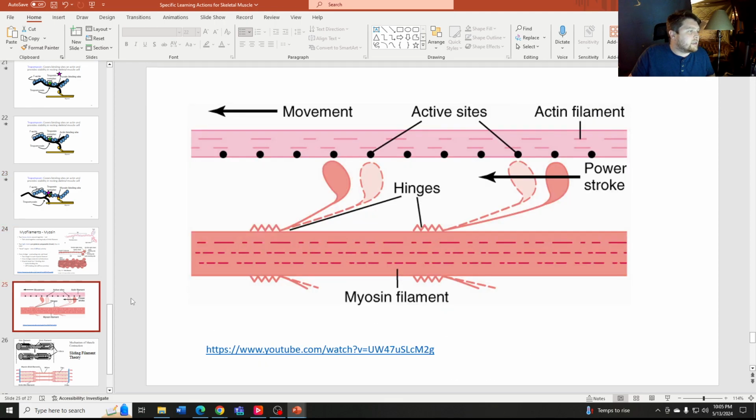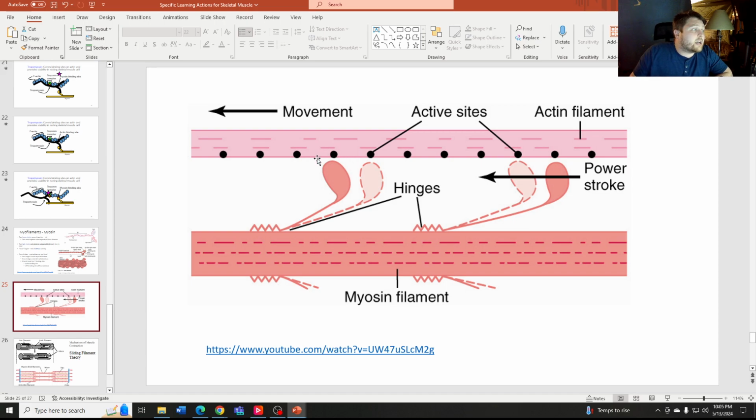So the myosin head is going to grab on and connect to the myosin binding site on the actin, and because it has stored energy, it is going to pull this along. So it pulls the actin along, which is known as a power stroke.